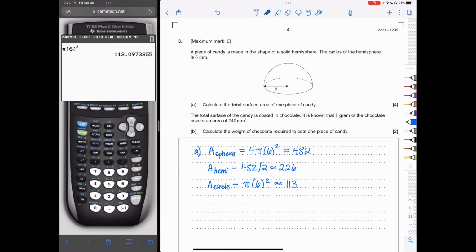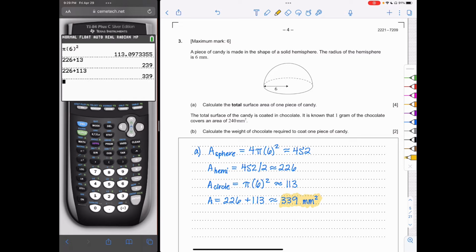So if I add my areas together, I know that the area of my candy is going to be 226 plus 113, which would give me approximately 339. And that's going to be millimeters squared.